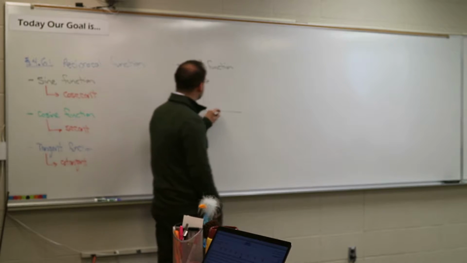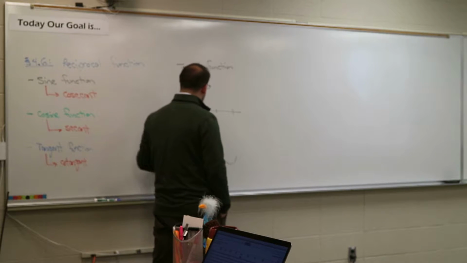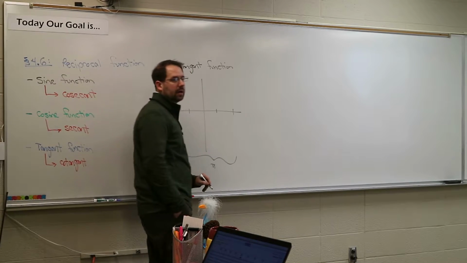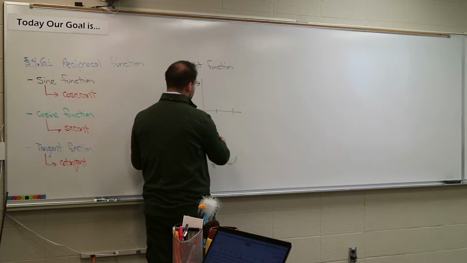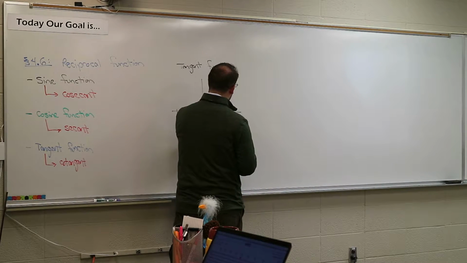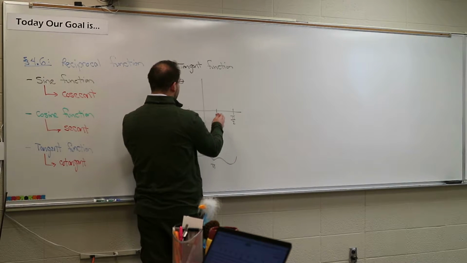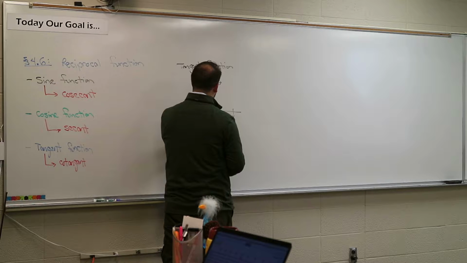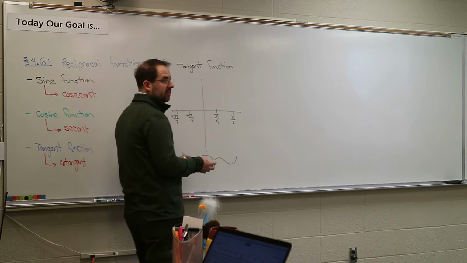So two markers are over here, two markers are over here. The whole distance across is pi. It's not 2 pi, like the other ones are. So it's pi all the way across the picture. Half of it's over here, and half of it's over here. And then to find those other markers, you cut those in half again. So pi over 4, negative pi over 4. Okay, so that's the new stuff we did.